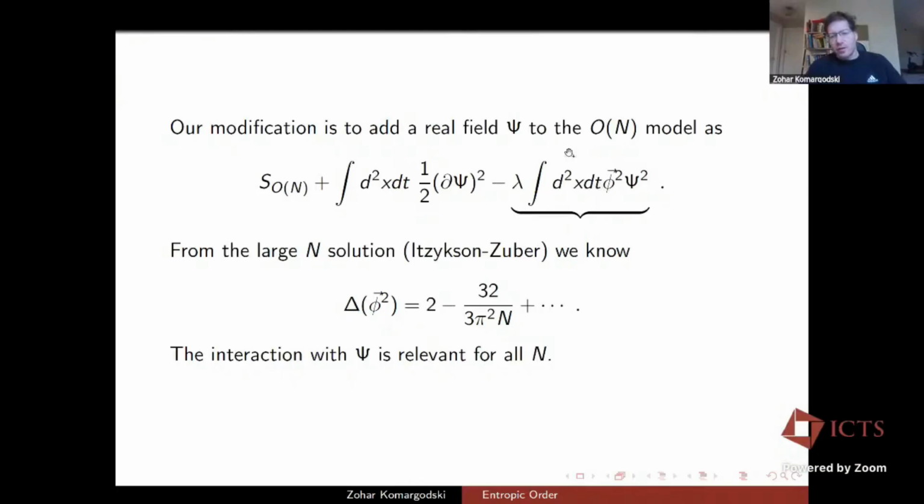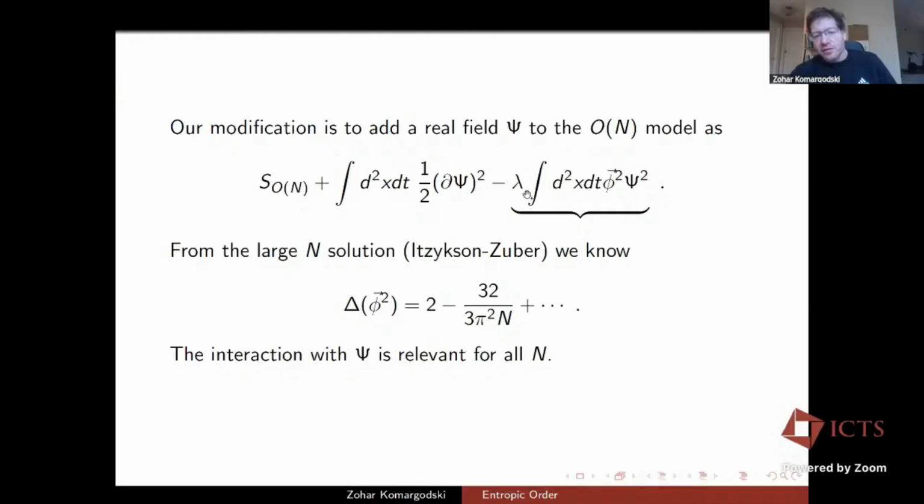It's just a Landau-Ginzburg description for a magnet that's called the biconical magnet. So you start from the O(N) magnet, you add another degree of freedom psi, you add the kinetic term, and then you add the coupling between the phi squared order parameter of the O(N) model and psi squared, where psi is this new degree of freedom.